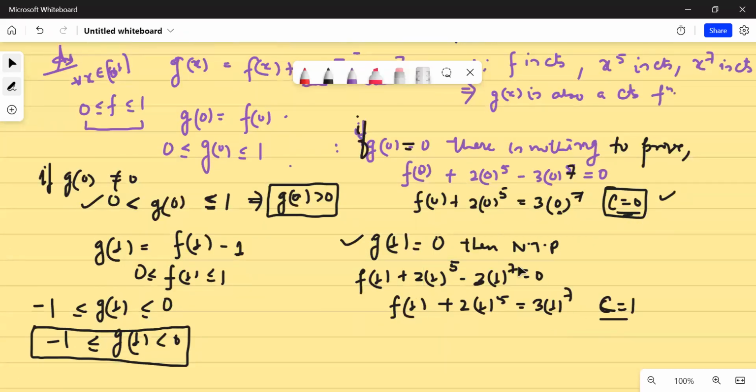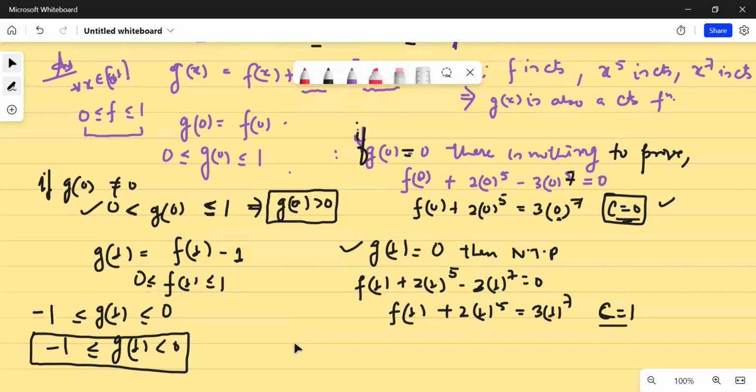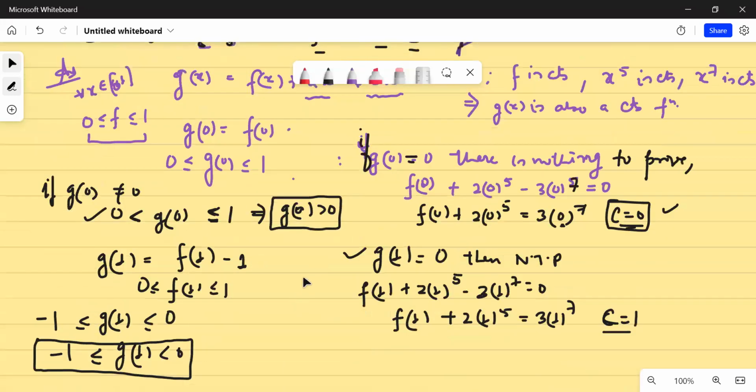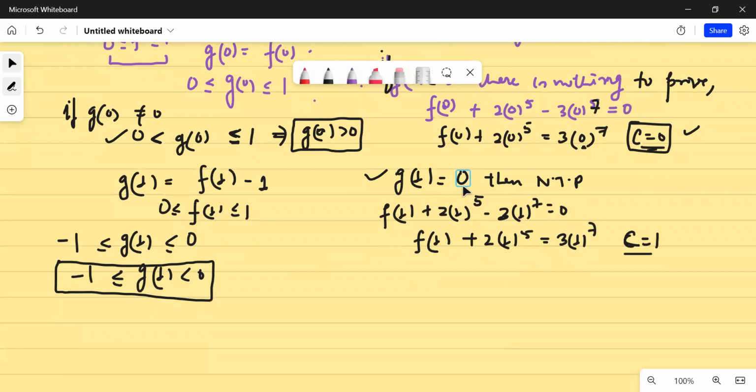Did you see this? If g(1) becomes 0, then f(1) plus 2 into 1 to the power 5 minus 3 into 1 to the power 7 equals 0, or f(1) plus 2 into 1 to the power 5 equals 3 into 1 to the power 7. So it satisfies this particular equation with c equal to 1. Is that fine? So if g(1) is not equal to 0, then g(1) would lie between minus 1 and 0, or in other words, g(1) would be less than 0.